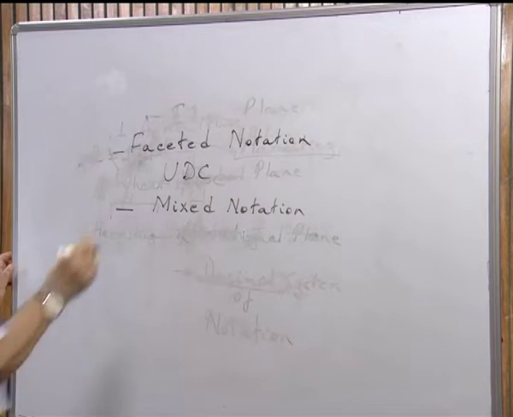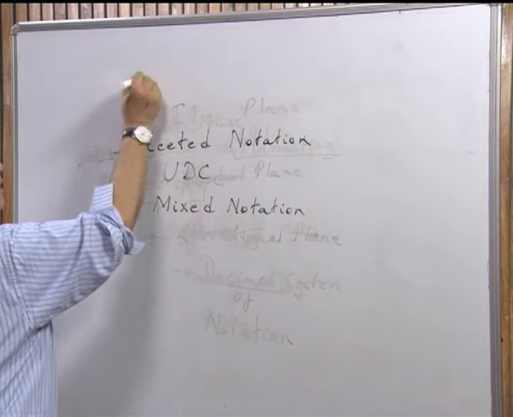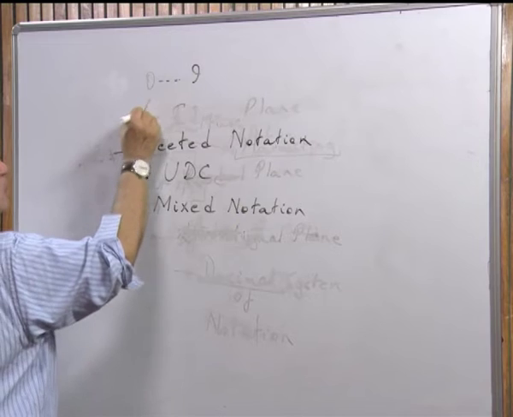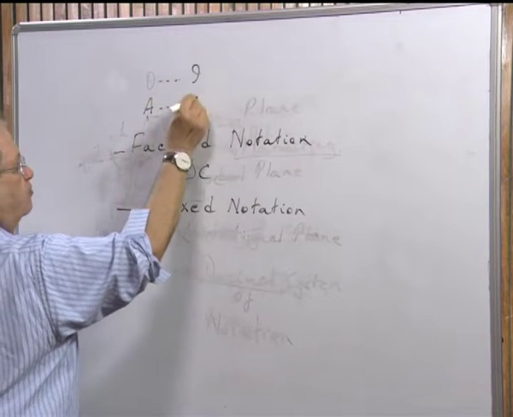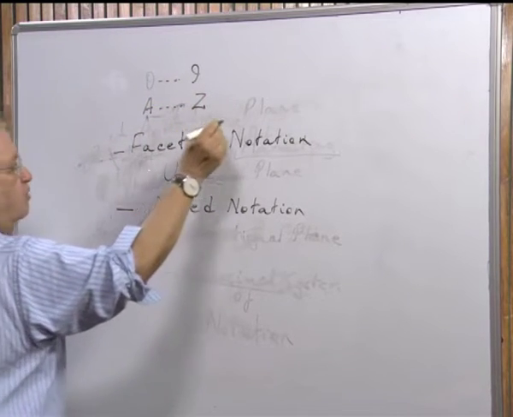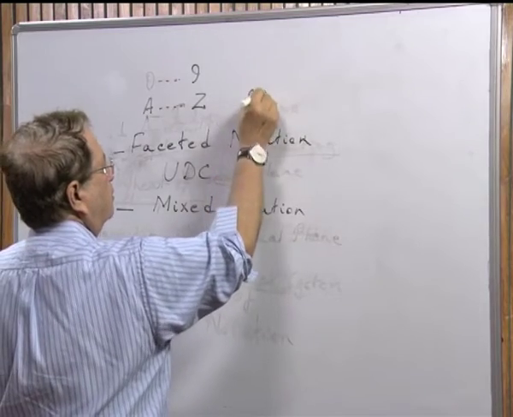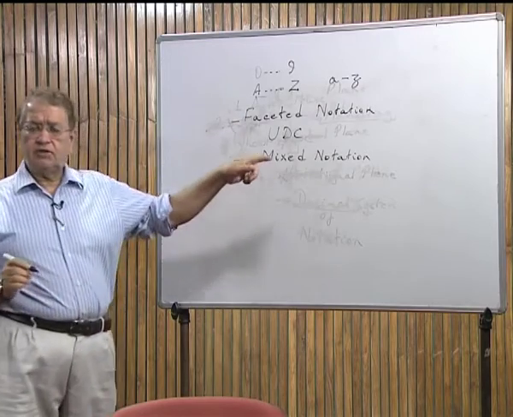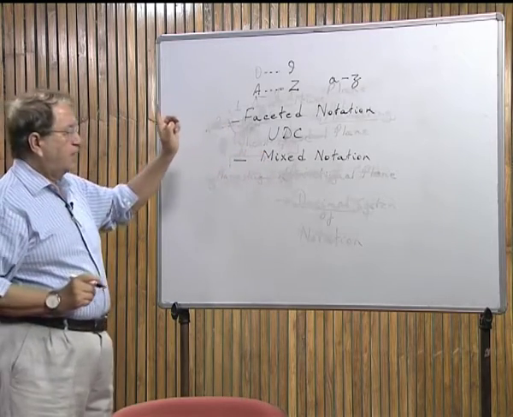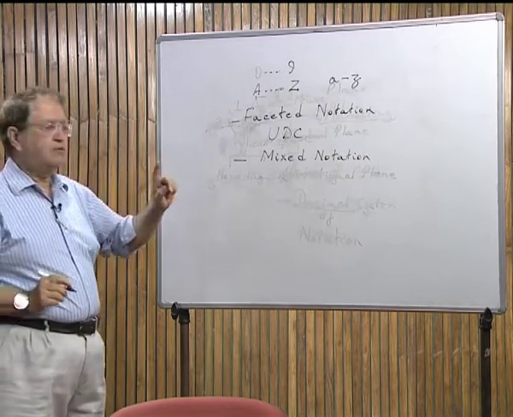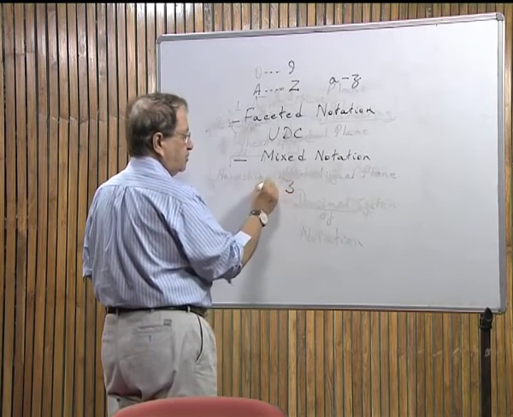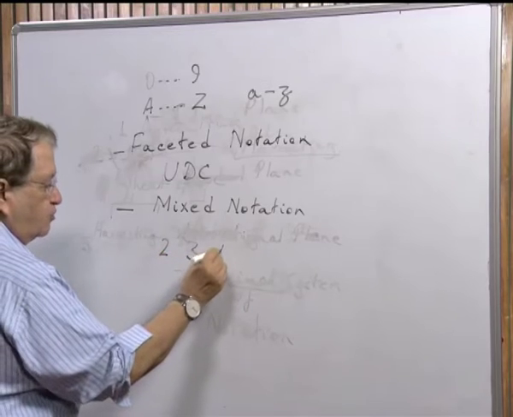What is mixed notation? We use the Indo-Arabic numerals, that is 0 to 9, this we have already discussed. We can also use capital A to capital Z, and we can also use small a to small z. Now, all of these symbols that we are using have a definite ordinal sequence. Ordinal meaning we know that, for example, if we have 3, then 3 will be preceded by 2 and followed by 4.